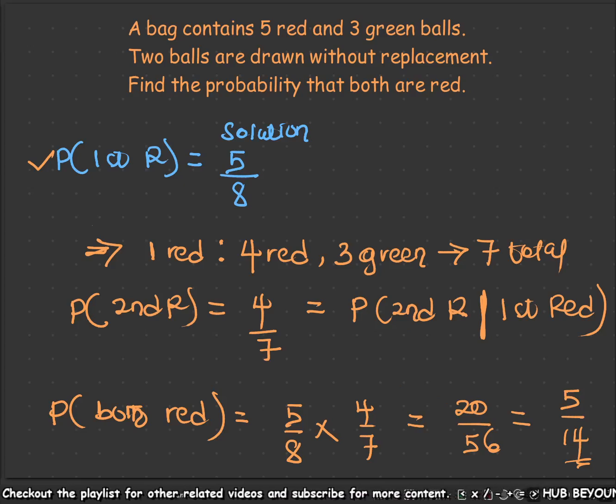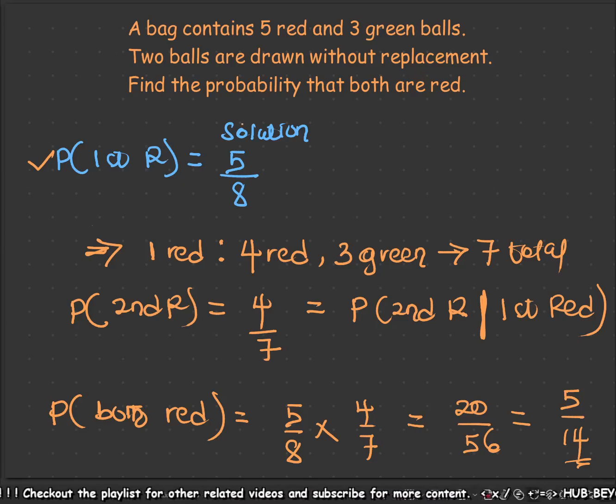So all we needed to do was to find the probability of both events. The first one being when we pick a red. And then the second one is when we want to pick a red, provided we have already picked a red. Let's look at another example here.